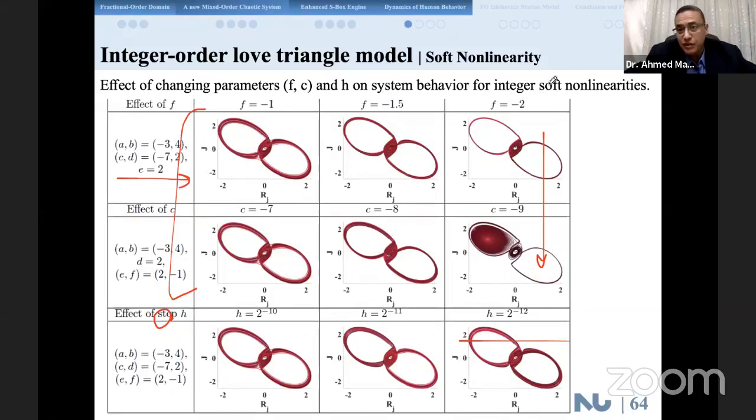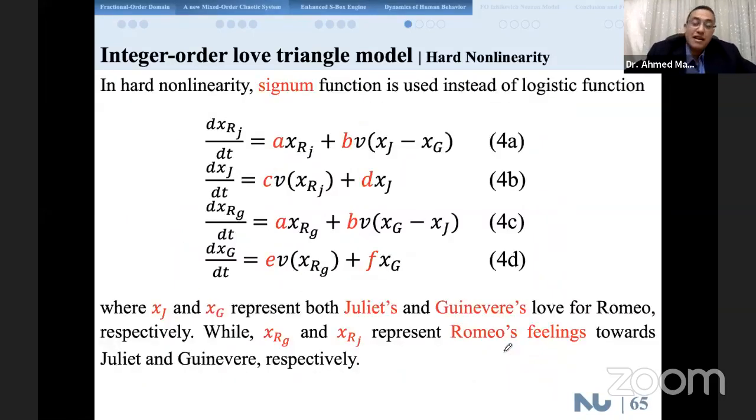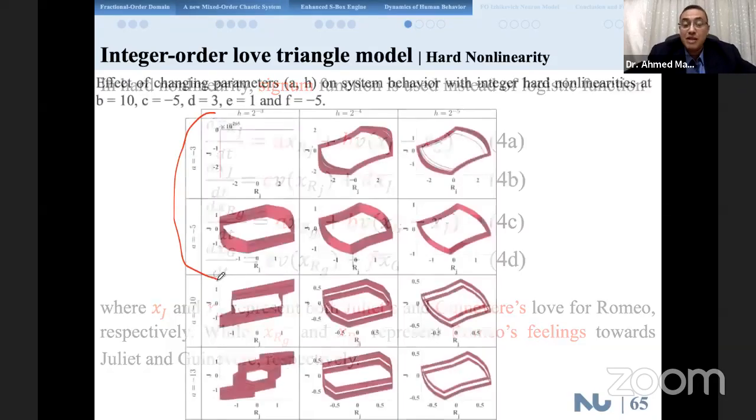This is for the integer soft nonlinearity, and as you see, changing this parameter could give us some kind of shifting in the behavior, as Dr. Radwan has just mentioned, in the chaotic. This is a chaotic parameter. Another model for this problem was the hard nonlinearity, which also modeled Romeo's feeling for Jennifer and Juliet, and Juliet's feeling for Romeo, and we tried to implement this function also and simulate it with different parameters.